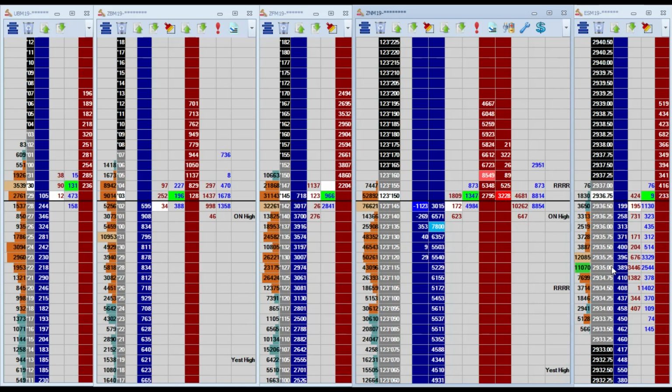As far as the calendar, nothing really there. Let me look real quick. We had mortgage applications this morning, way down. Previous was negative 3.5. This is more than double that, negative 7.3.